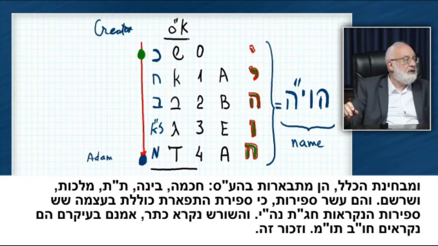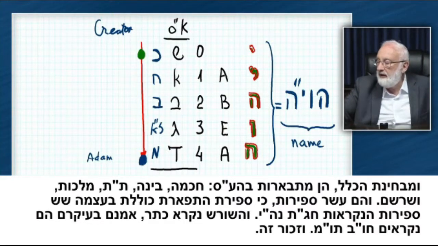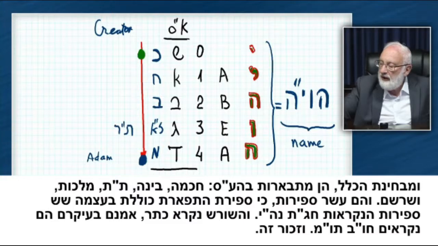They are 10 sfirot because the sfira Tiferet contains 6 internal sfirot called Chagat Nehi. The sfira of Tiferet, Zeir Anpin.